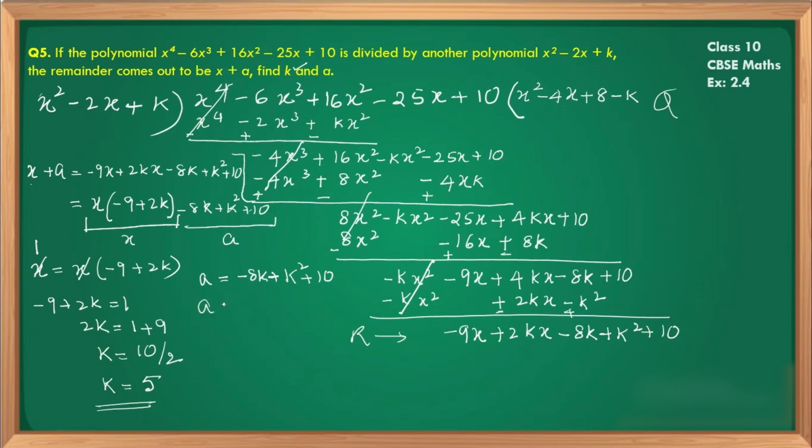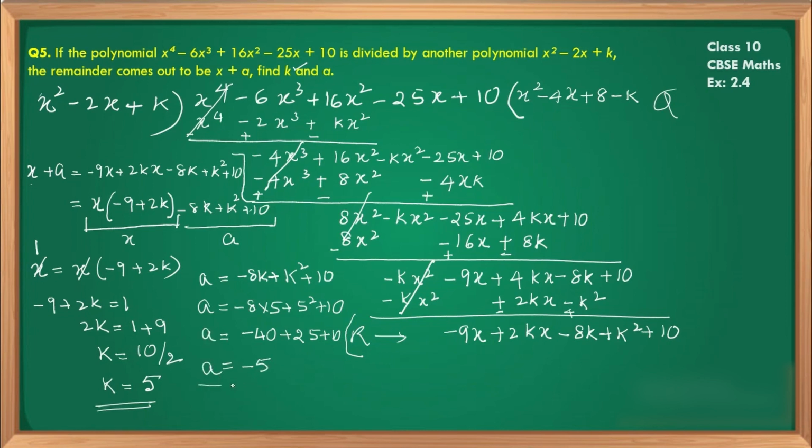So a is equal to minus 8 into 5 plus 5 square plus 10. That is, minus 8 into 5 gives you 40, 5 square is 25, plus 10. Minus 40 plus 25 plus 10 will give you minus 5. This is the value of a.